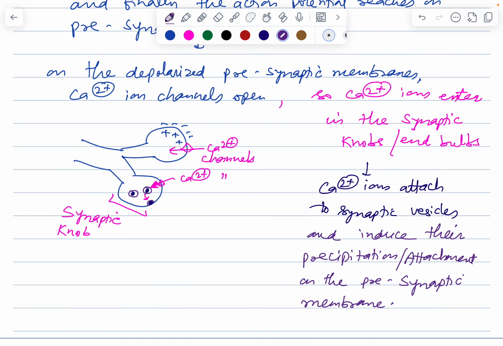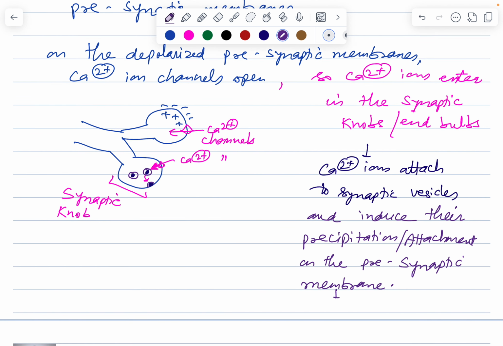If calcium ions enter in and cause the precipitation of the synaptic vesicles on the presynaptic membrane, who will start coming out by diffusion now? The neurotransmitter chemical, which will travel across the synaptic cleft and then attaches to what?